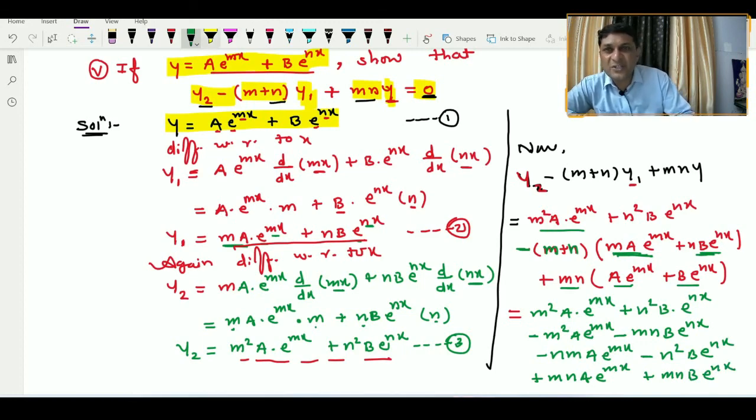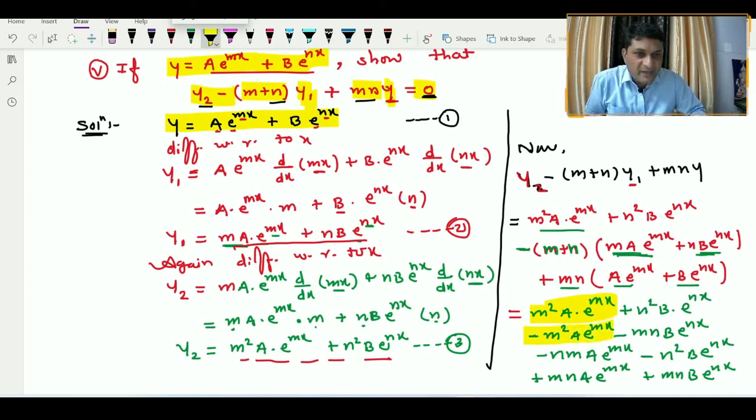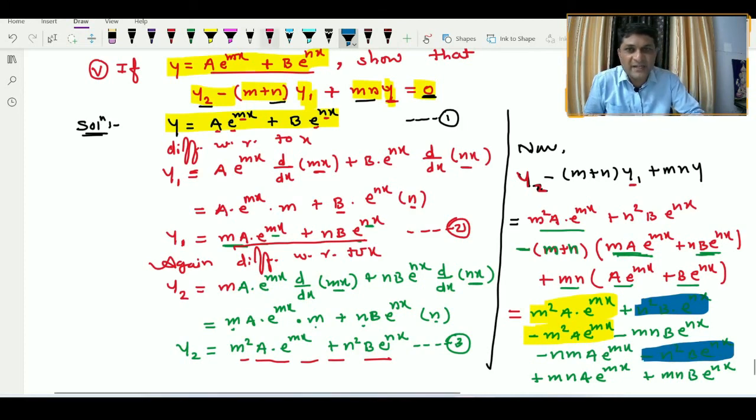Now check which terms will get cancelled. Here m square a e^(mx) and minus m square a e^(mx) will get cancelled. Again, n square b e^(nx) and minus n square b e^(nx) will get cancelled.